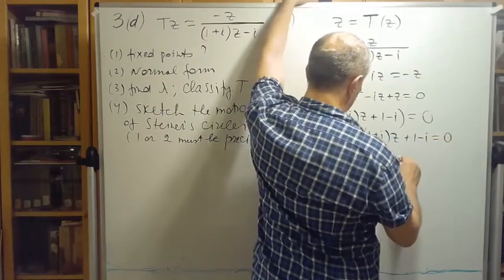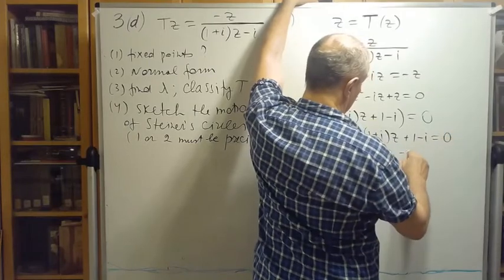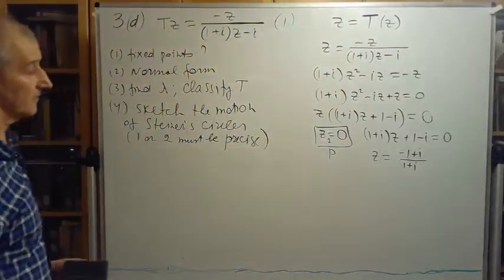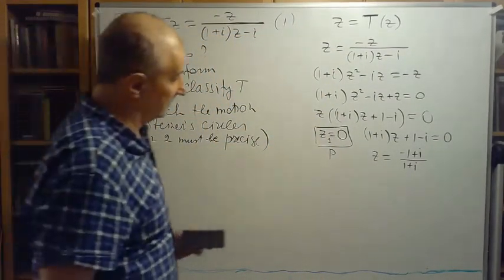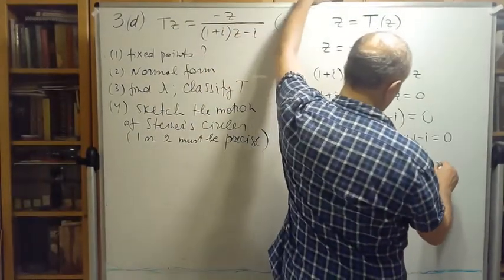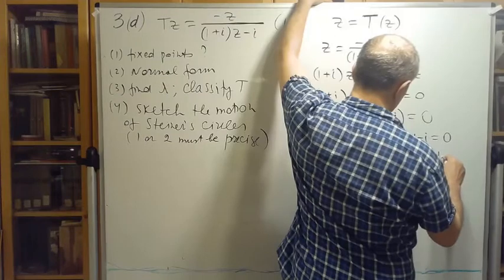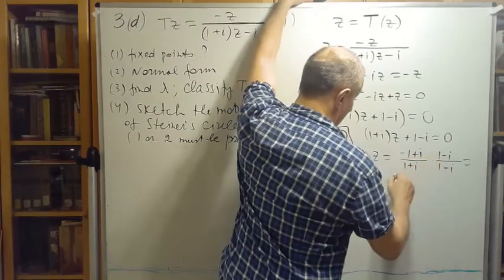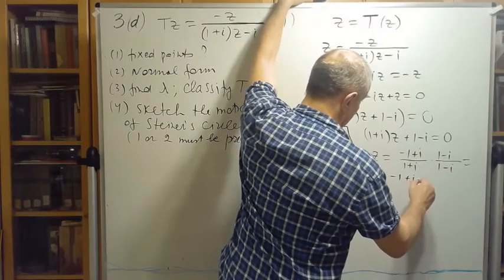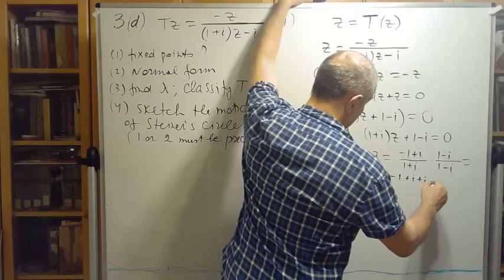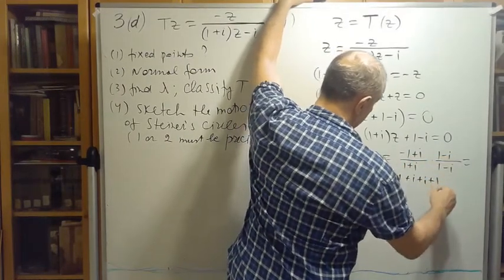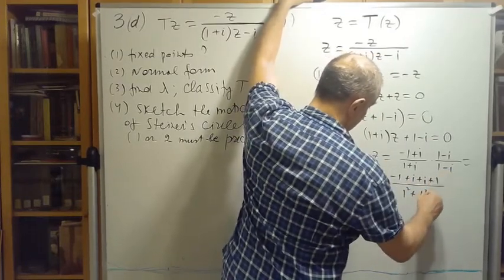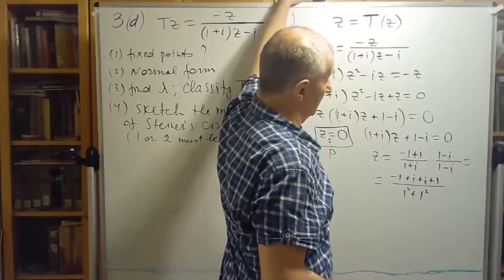So z equals, I bring it to the right hand side, negative (1 minus i) divided by 1 plus i. And in order to divide, I will multiply and divide by the conjugate of the denominator, 1 minus i. So it will be negative (1 minus i) squared divided by 1 squared plus 1 squared, the modulus squared of 1 plus i.